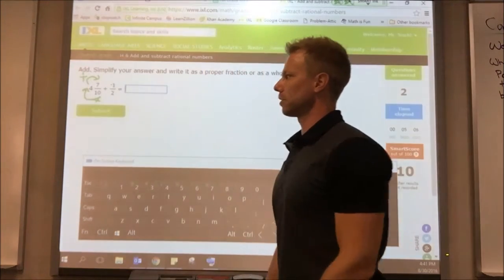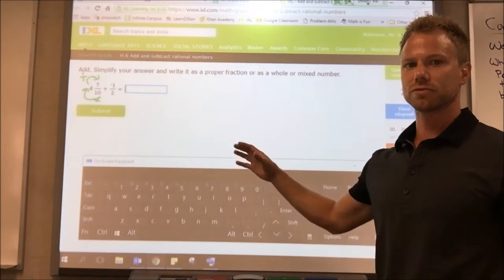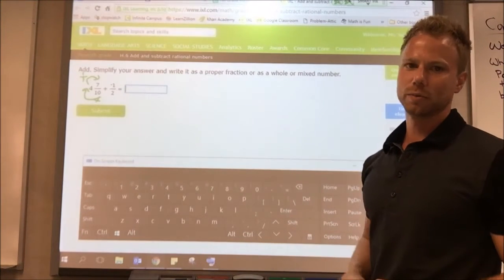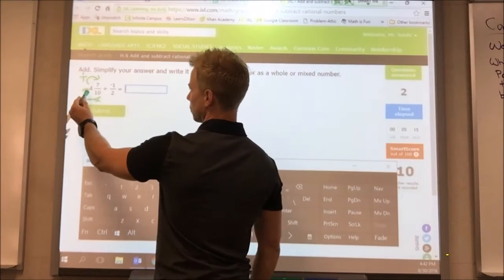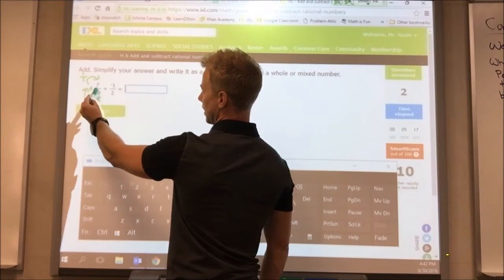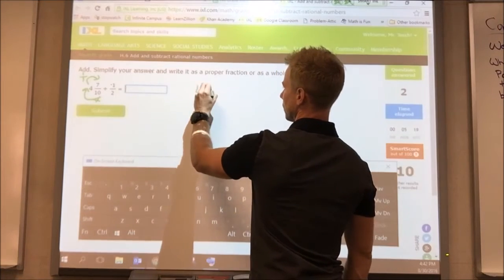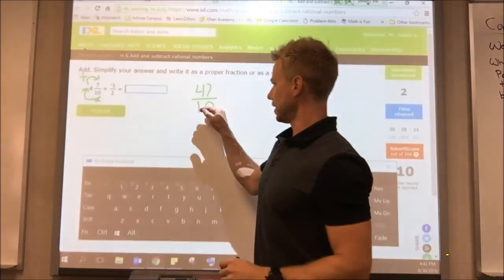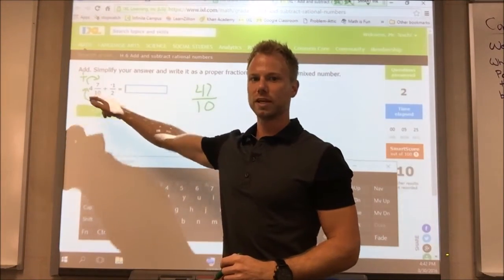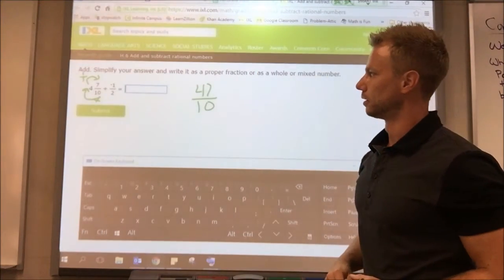What rocking around the clock does is it changes our fraction from a mixed number to an improper fraction. So 10 times 4 is 40. Add 7, we get 47. So we have 47 over 10. So that is the same as 4 and 7/10. It's just written a little bit differently.